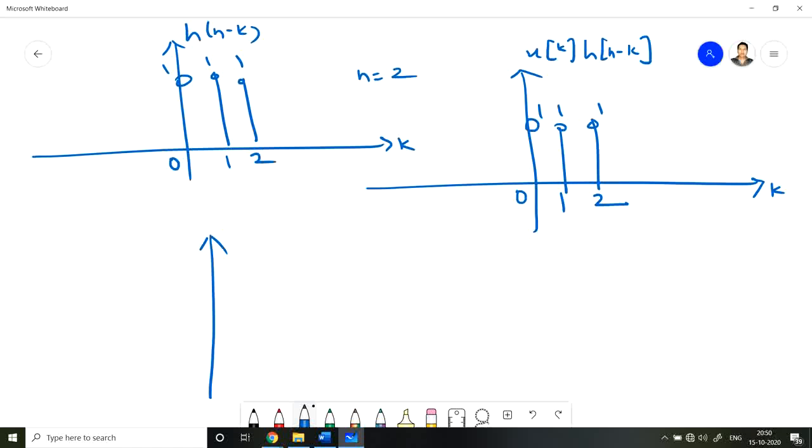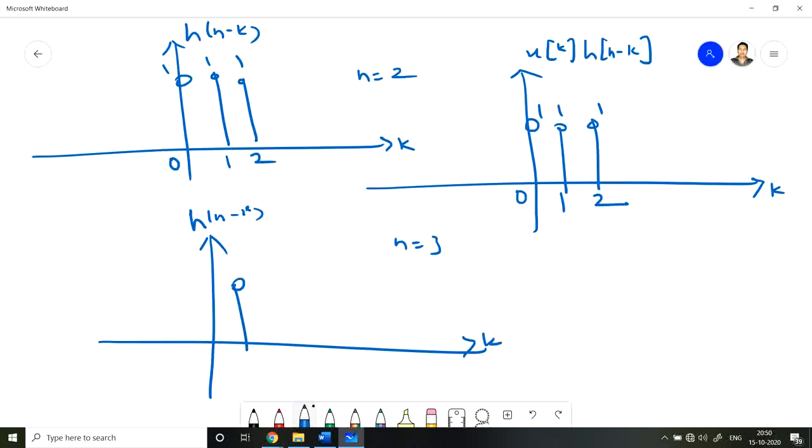Now at n equals 3, the h[n minus k] plot is at 1, 2, 3.